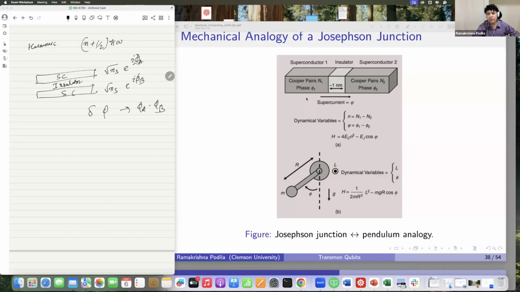And we saw how the transmon is basically coming between two superconductors, and how we could relate it to a pendulum, in the sense that the number of Cooper pairs is related to the length of the pendulum, whereas a phase difference, excuse me, between the superconductors is related to the angle of the simple pendulum, right? So I hope you guys are able to recall that.